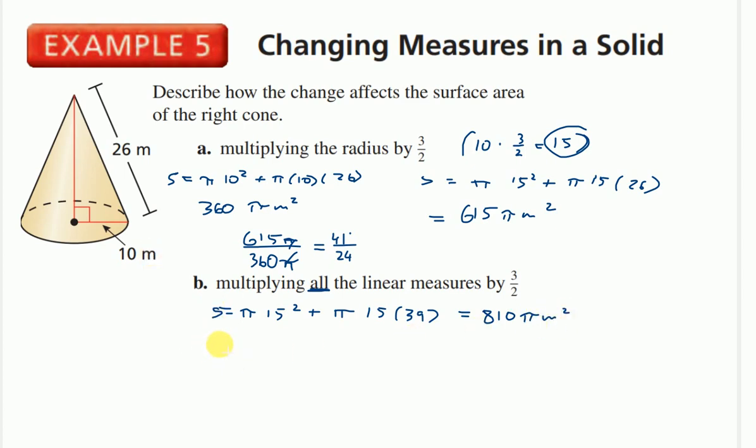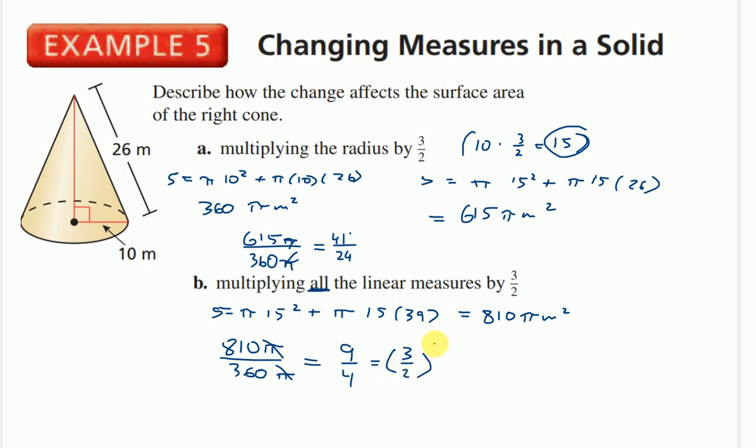Now compare that. If I take 810 pi over the 360 pi, pi cancels out again, and then I can simplify down to 9/4. Now if you look at 9/4 and compare that to this factor, 9 is 3 squared, 4 is 2 squared. I could rewrite this as 3 over 2 squared.